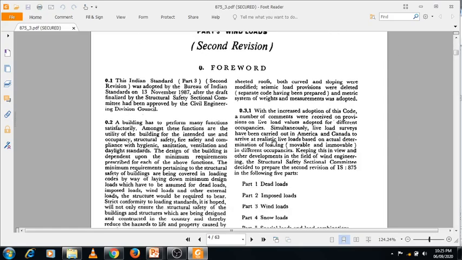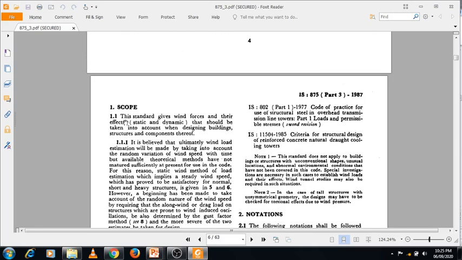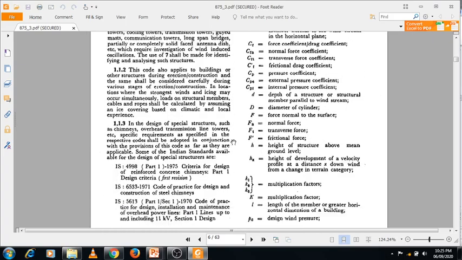Let us see the scope of this IS code. This standard gives the wind forces and their effect, that is static and dynamic, that should be taken into account when designing building structures and components thereof. So for designing buildings for dead load, live load and wind load, we are referring to these IS codes.